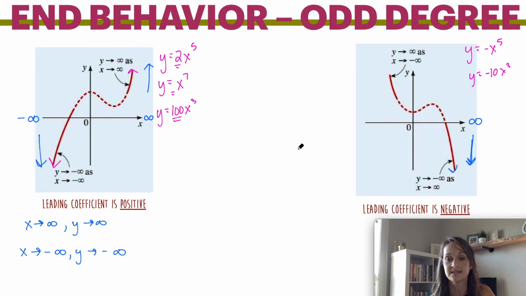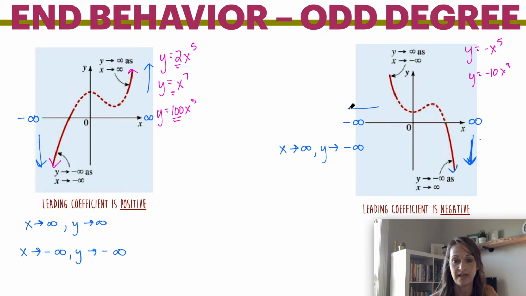So as x gets very, very big, y is actually going in the negative infinity direction because it's going down. And as x goes left, becoming negative numbers, the y value actually gets really, really big. So as x gets really, really small, y actually gets really, really big.